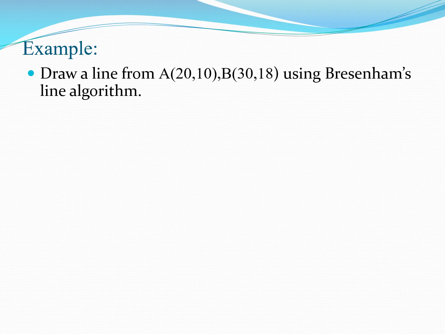Example: the question is to draw a line from A, given as 20, 10. This is the x value and y value, right? 20 is x1 and 10 is y1. B is given as 30, 18, which means x2 is 30 and y2 is 18. So using Bresenham, how do we draw the line? What do we calculate first?